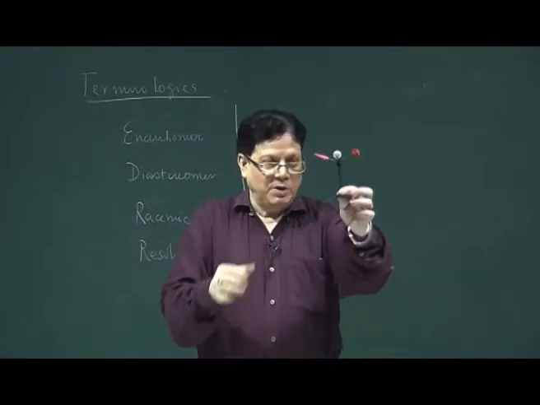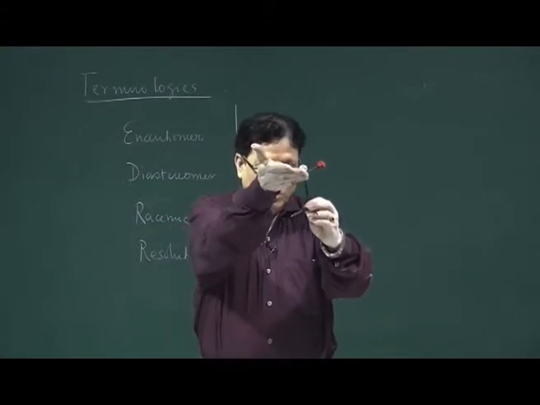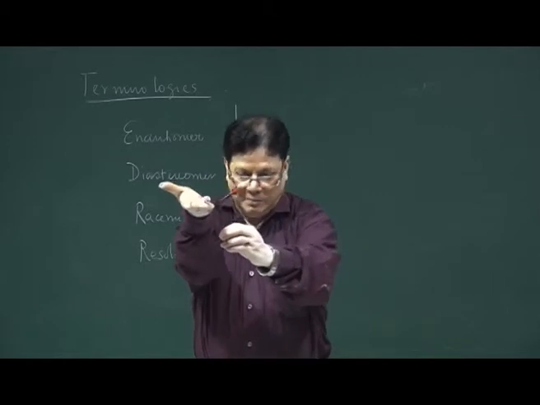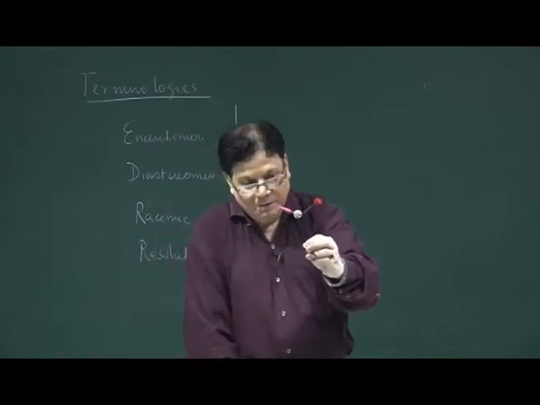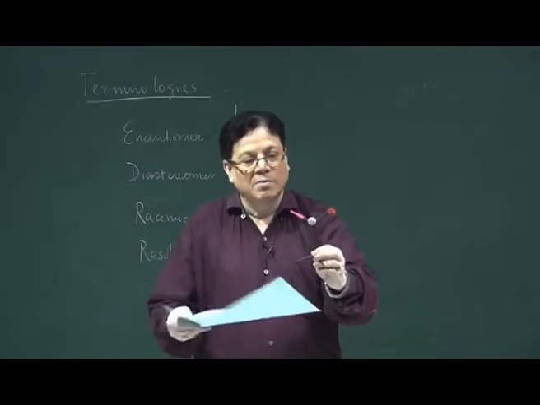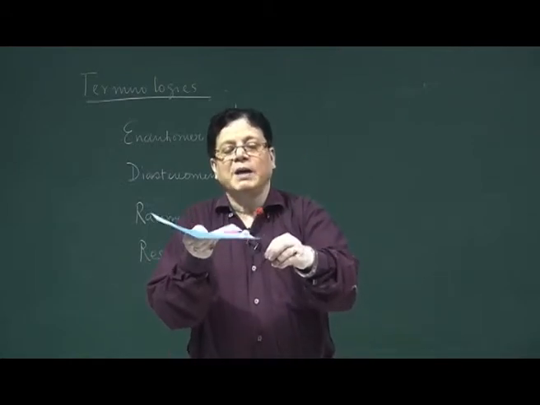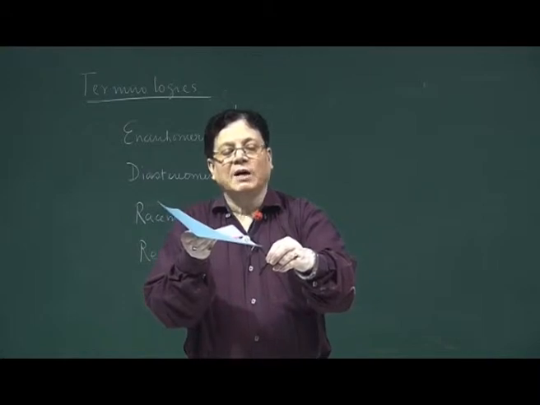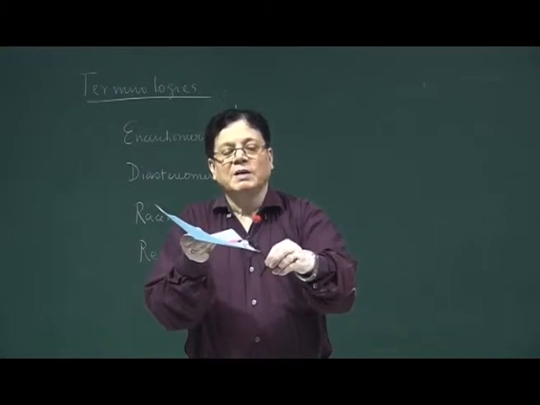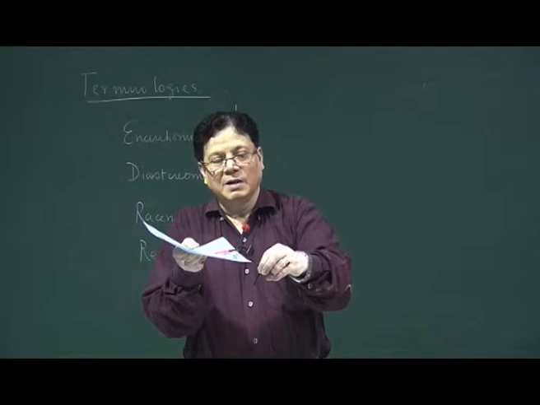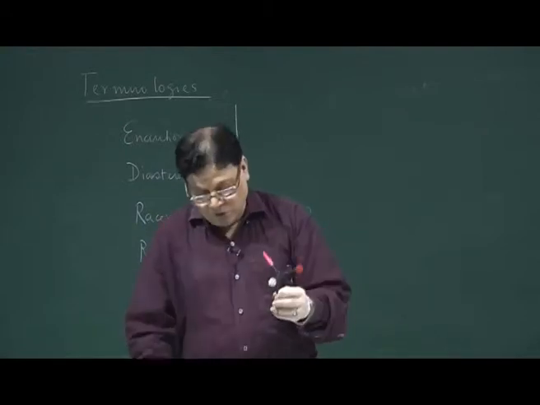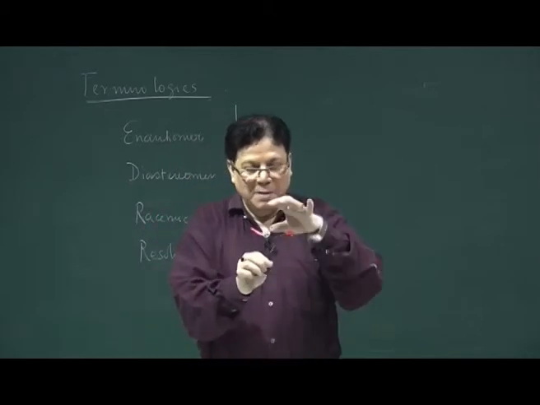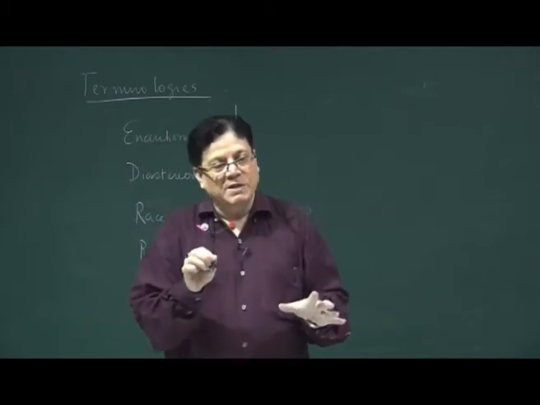So, you have this tetrahedron, and these 2 bonds can be in one plane, but you cannot place 3 bonds into one plane. If these 2 bonds are in a plane, then what happens to the other 2 bonds? One bond is above this plane, the other bond is below the plane. Okay. So, that is the first concept, that a maximum of 2 bonds can be placed in a plane.